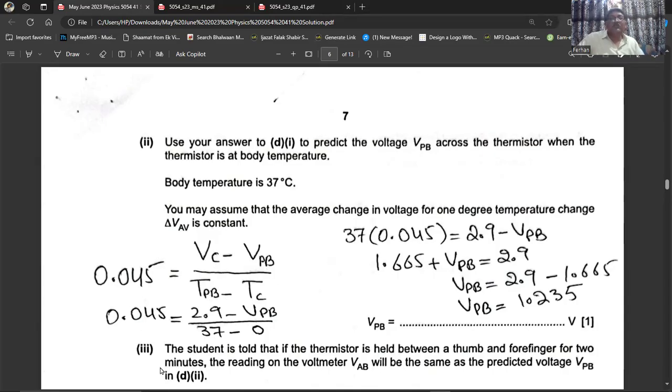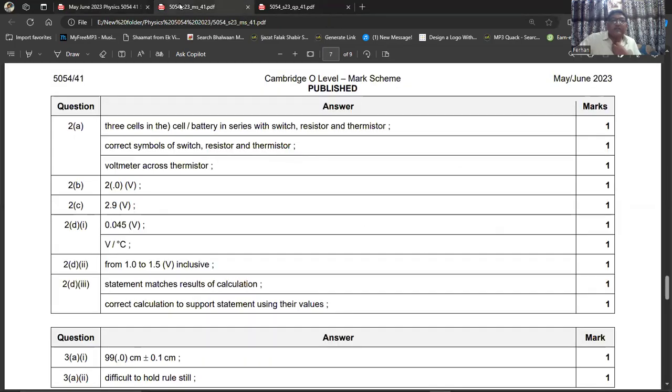Just put these values, get the value of the VPB. So just put these values, do the calculation. So the VPB will be equals to 1.235. 1.23, I can say 1.2. Our answer is right. This is the answer.